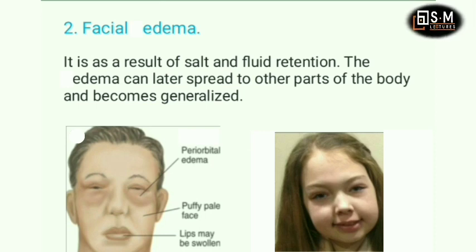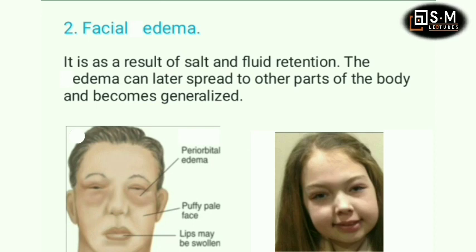The edema firstly begins from the face in renal system diseases. At times it is periorbital edema. As you can see from this picture, there is a periorbital edema. The periorbital edema will make your patient look as if he is wearing eyeglasses.